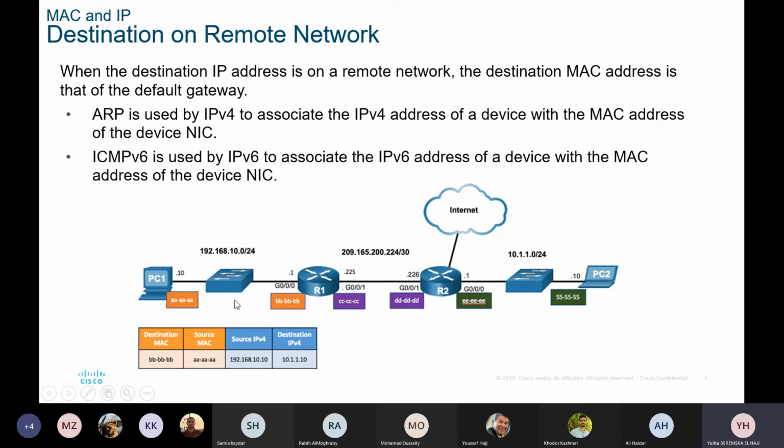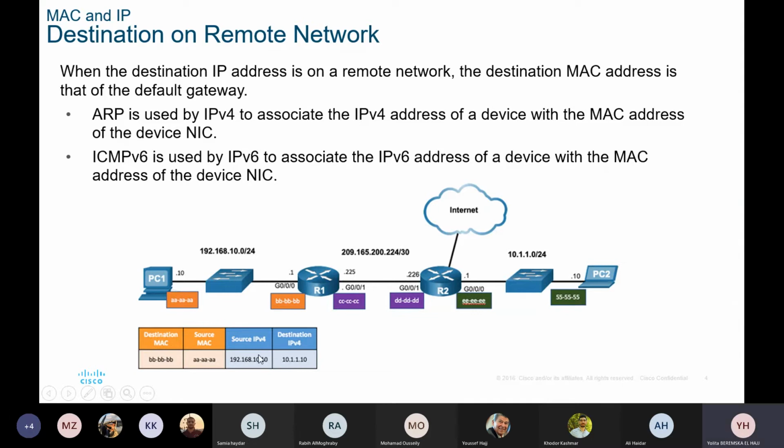We said that the MAC addresses will be changed, which means PC1 will use as a destination MAC address the default gateway MAC address, because it will know that the IP address of PC1 and the IP address of PC2 are not on the same network. The source is 192.168.10.10 and the destination is 10.1.1.10.